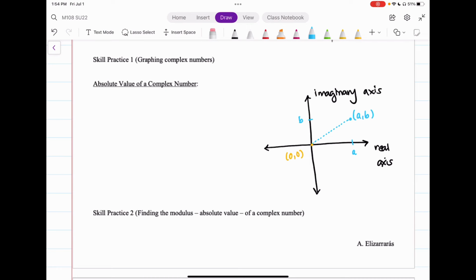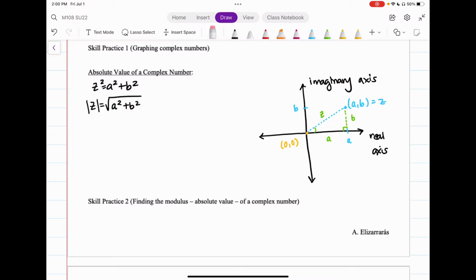The point that we have here in the complex plane, (A, B), has a real number A and an imaginary number B, and we can call this point Z. Notice that this is a right triangle that I've drawn that has one side length A and another side length B, and then the distance between that point (A, B) and the origin, which we've called Z, can then be found using the Pythagorean theorem.